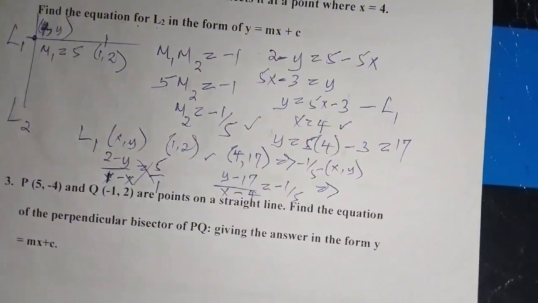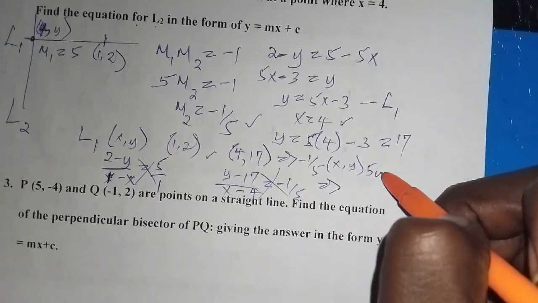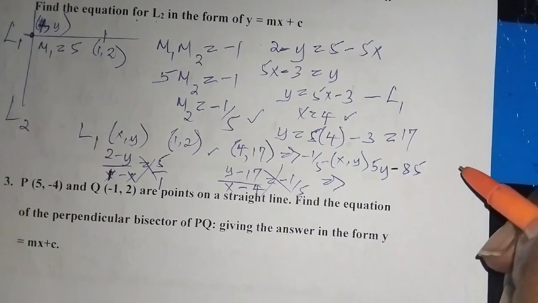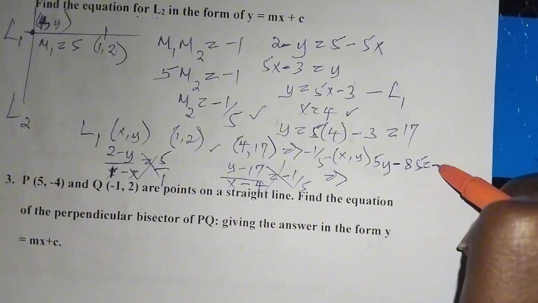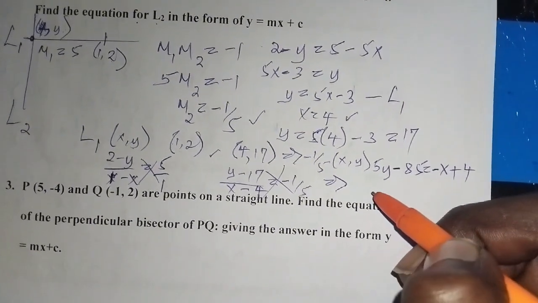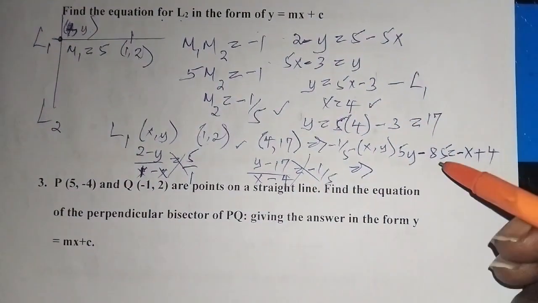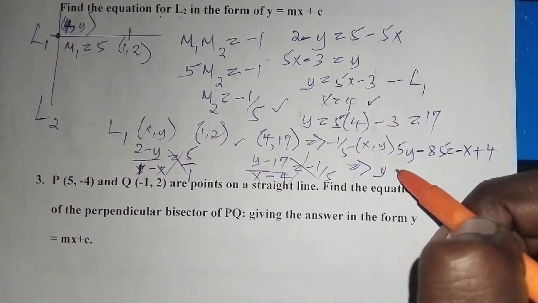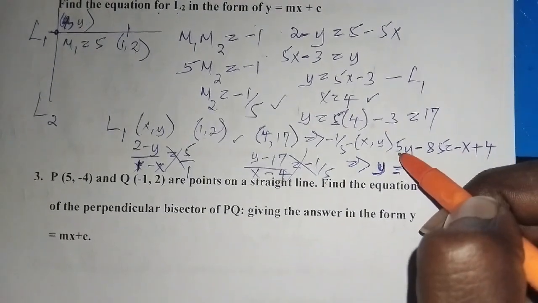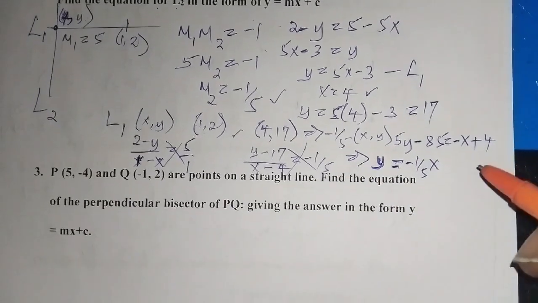So this one, cross multiply, will give us 5y minus 85 equals -x plus 4. So to get it in the form y is equal to mx plus c, this is y will be equal to, dividing by 5 throughout, -1 over 5x.